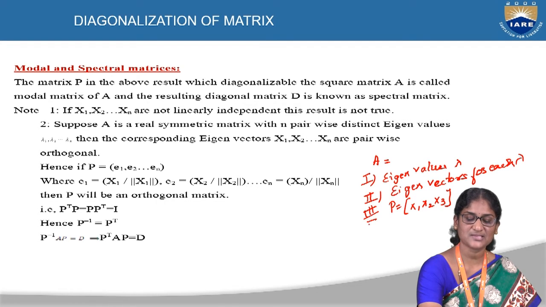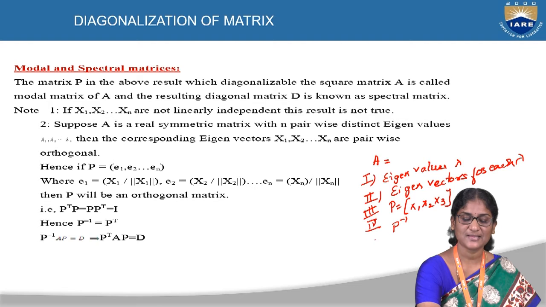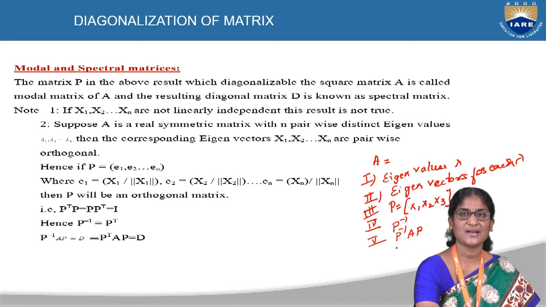The next step is to find the inverse of the matrix P. After finding the inverse, in the fifth step, we multiply P inverse with A into P. When A is pre-multiplied by P inverse and post-multiplied by P, the result is the matrix D, a diagonal matrix containing the eigenvalues in its diagonal.